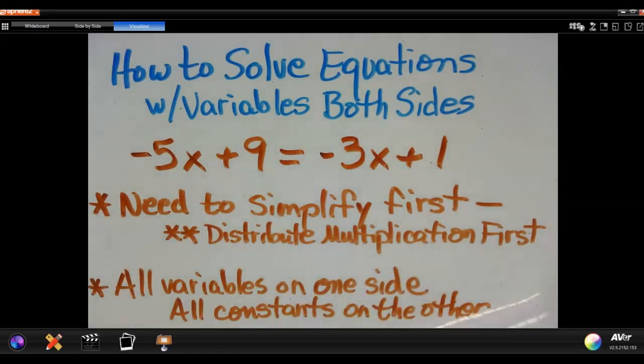It does not matter which way you decide to do it. As long as your arithmetic is correct, you will get the same answer.